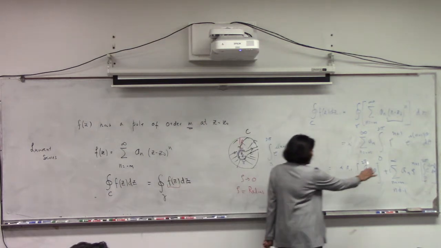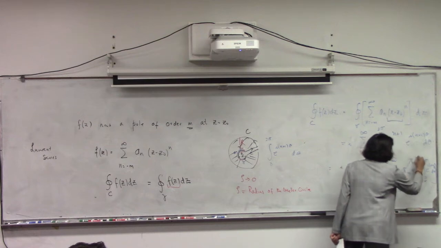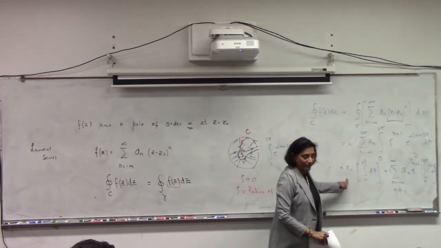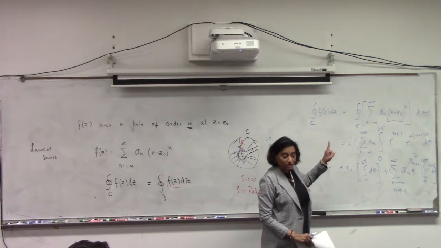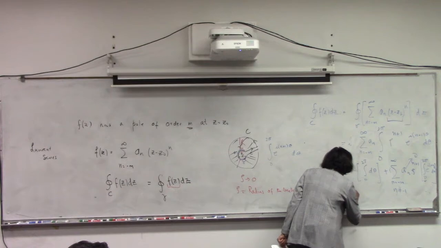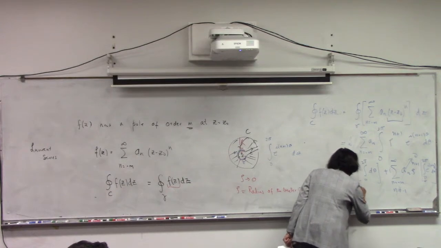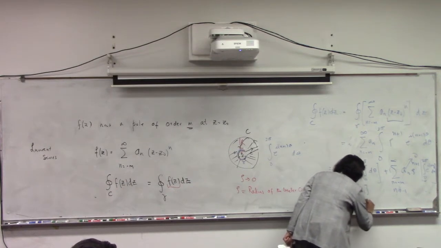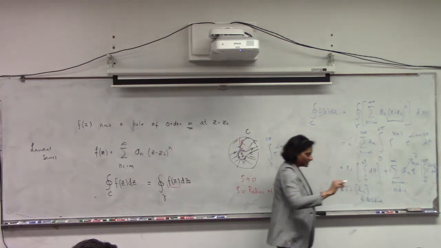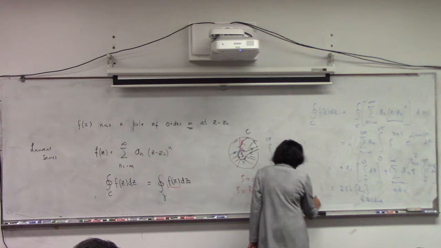So this is gone. The only time this integral contributes is when n equals minus 1, that's why I separated it out. And this is 2 pi i times a minus 1, which is the coefficient multiplying the term 1 over z minus z naught, the residue of the function.